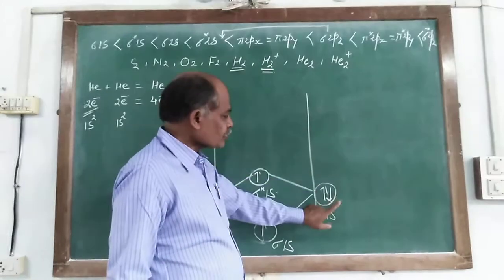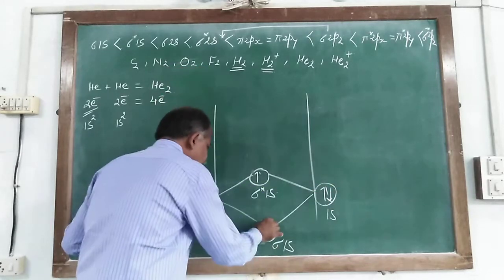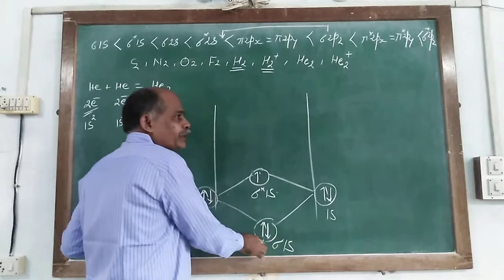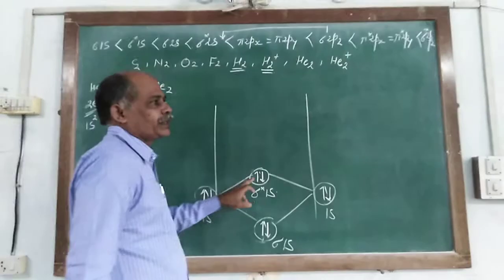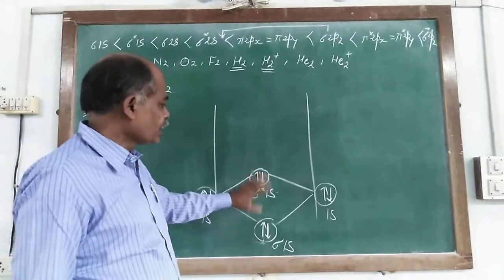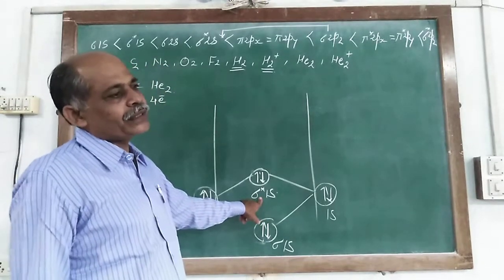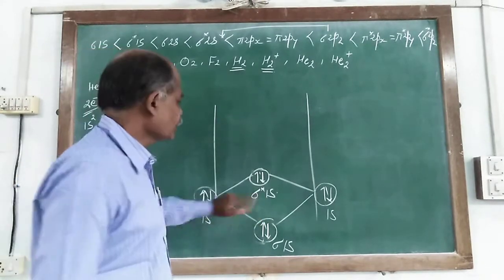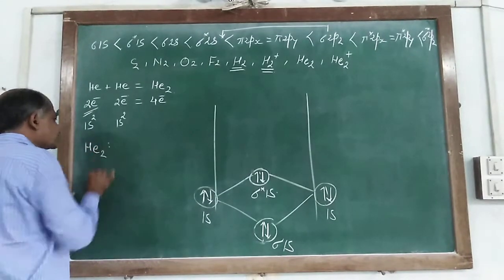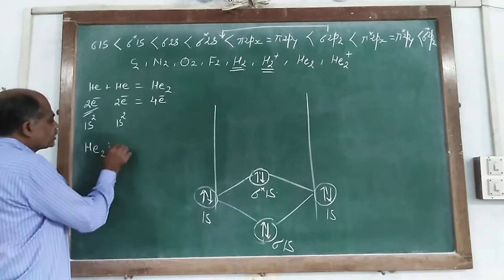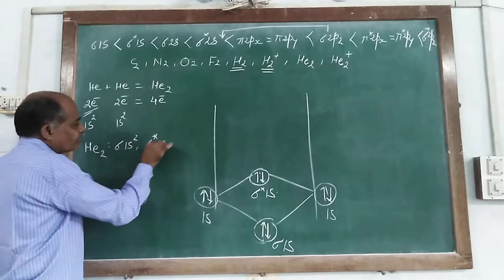Similarly, the other helium atom also has 2 electrons, with one in the bonding and another in the anti-bonding molecular orbital, assigned as sigma 1s and sigma star 1s. So the electronic configuration for the He2 molecule is sigma 1s2 and sigma star 1s2.